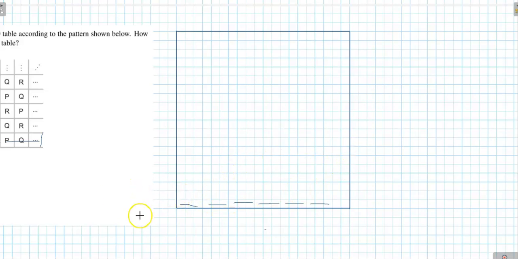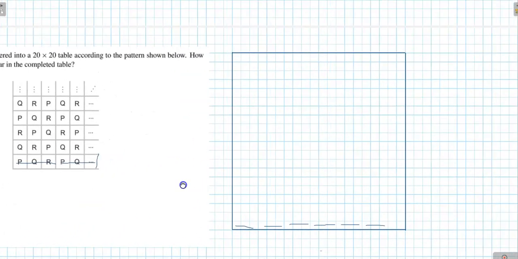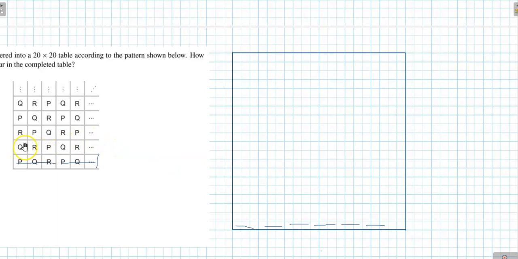Okay, so let's continue. The pattern will repeat here. This time it's not going to start with P, but with Q: QRP. No problem, whatever it starts with, no problem. We can continue with the pattern again. So let's use another color.